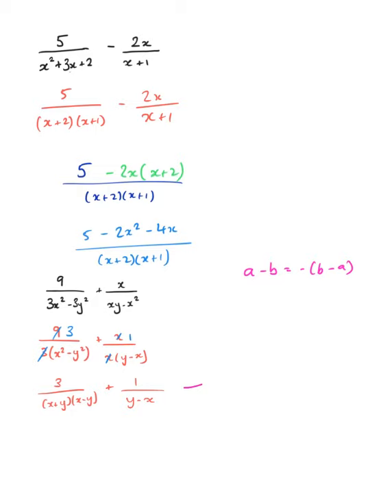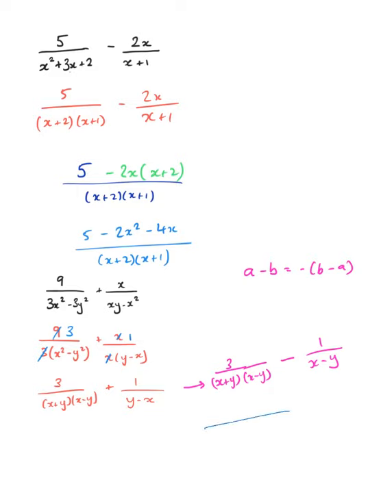What that will allow me to do here is to make this 3 over (x+y)(x-y), minus 1 over x minus y. Effectively what I've done is multiplied top and bottom by minus 1. And the reason that that's helpful is that I've now got x minus y on the bottom twice.